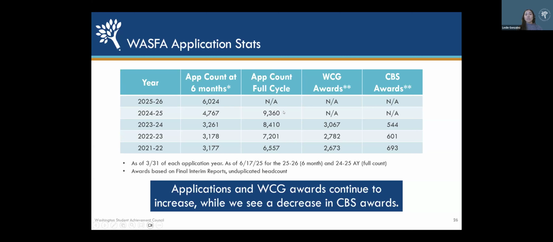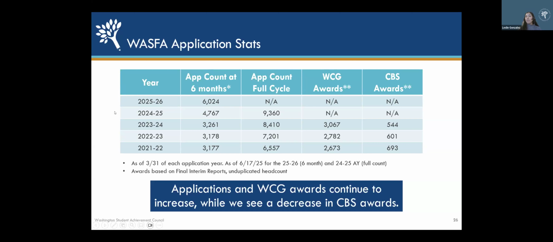And so for the 24-25 academic year, we have 9,360 WASFA applications that have been submitted. And for the upcoming 25-26 academic year, at the 6 month count, so as of yesterday as well, that total is 6,024 applications that have been submitted so far.